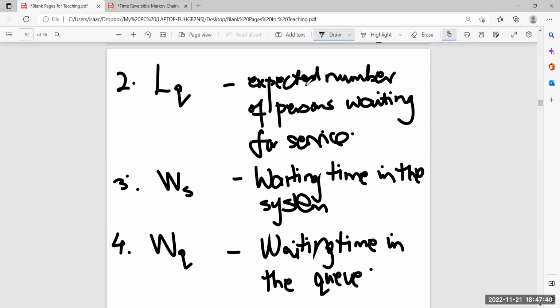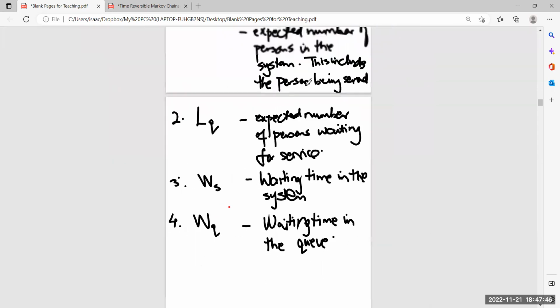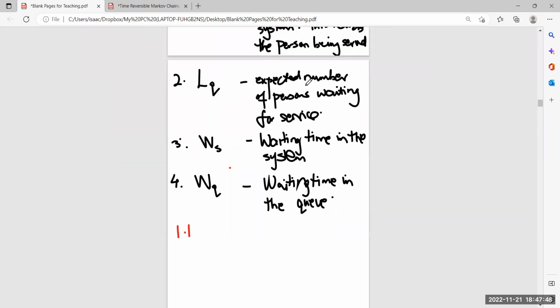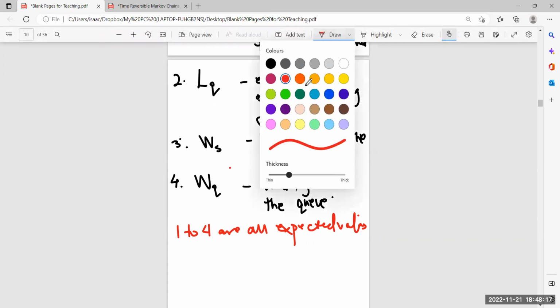Let me just put a note to that: 1 to 4 are all expected values. What we're going to do now, so we have some terms that we defined here, but in order to get these terms, we really have to look at the probabilities, right? So we're going to define some probabilities now.